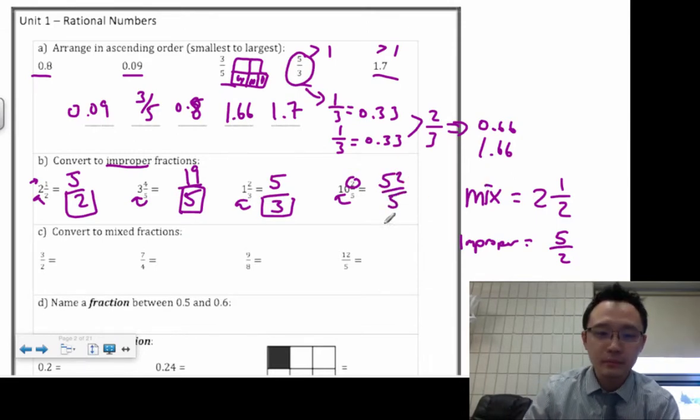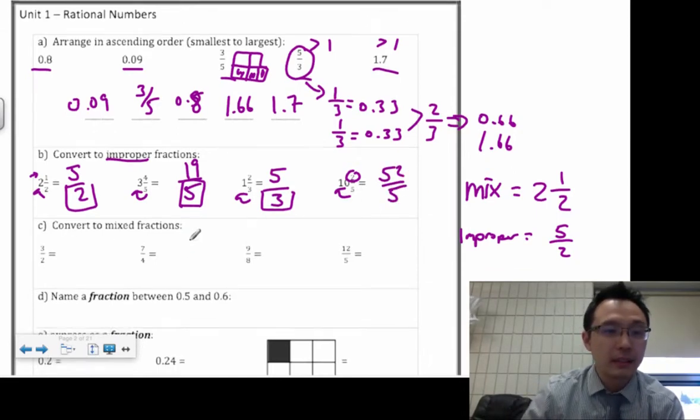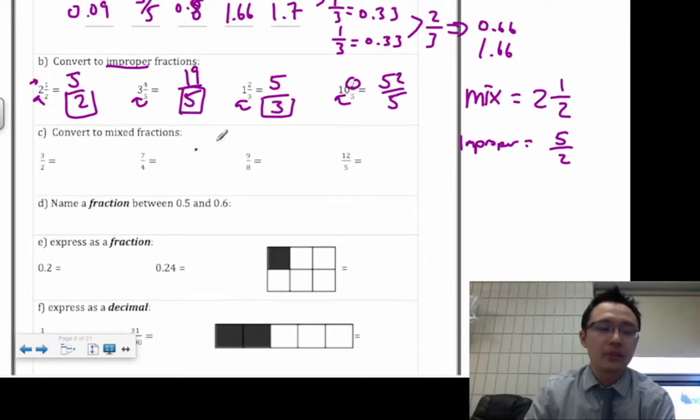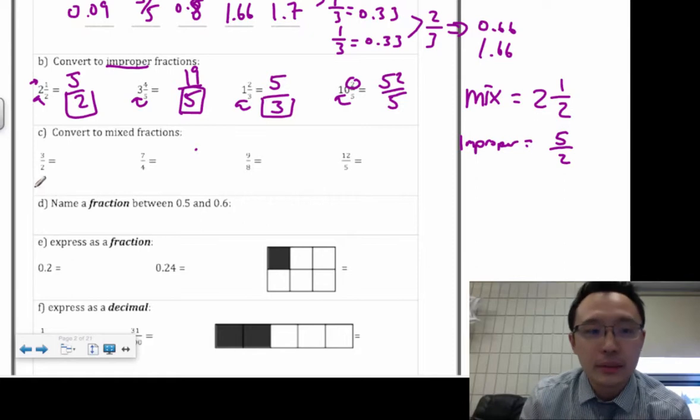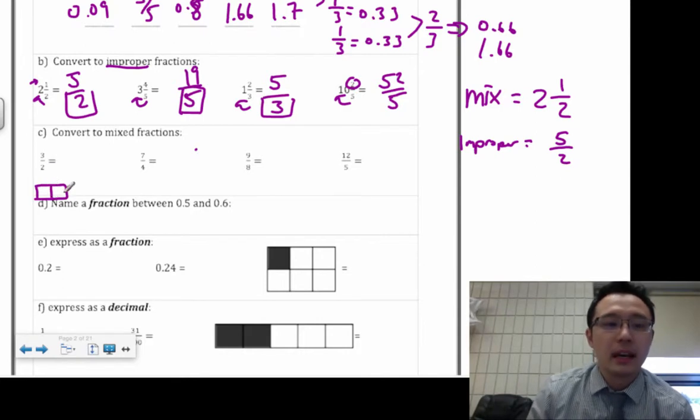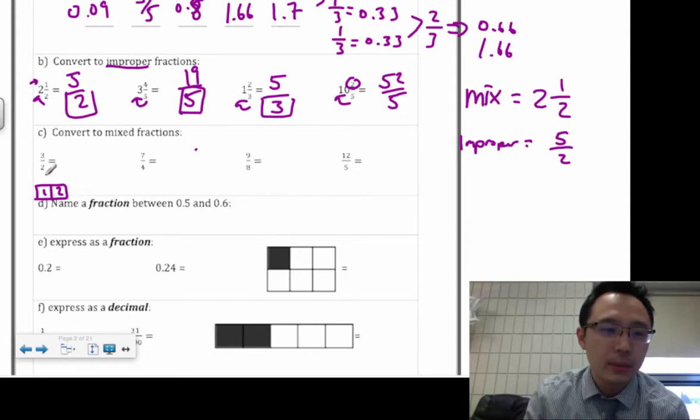Done. That's it. Letter C, convert to mixed fraction. This one, converting to mixed fractions, is a little bit trickier. If you want to visualize this, you can draw it out. This fraction is out of 2, so I'm going to have pieces out of 2. And I'm going to have 1 and 2 pieces. Wait a minute, I need 3 pieces, so I need to draw another one.